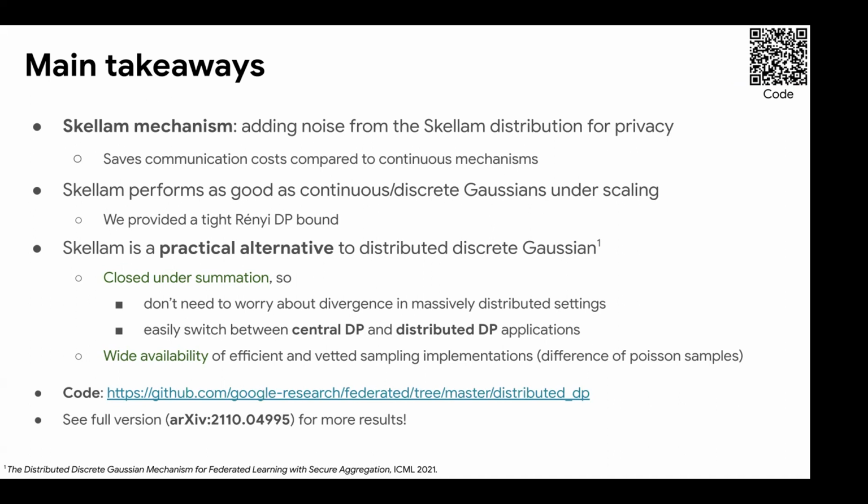I was wondering about how hard it is to find the right scale in practice. How did you find that hyperparameter in the experiments? Yeah. So right now we start off with a certain bit width, say 16 bits, and that 16 bits is the per-coordinate bit width for summing all the values from the clients. That essentially gives us some field size of 0 to, for example, 65K or something.